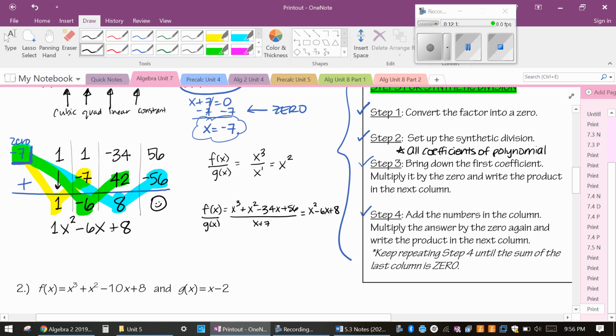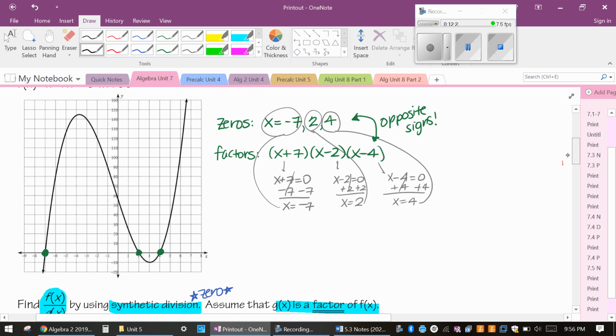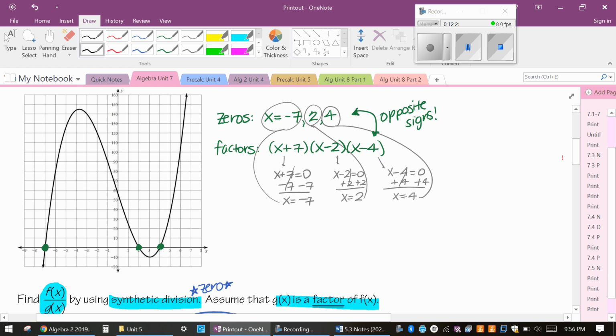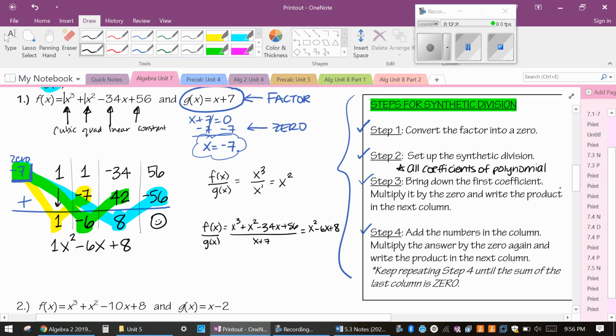However, I do want you guys to know that some of these quadratics can be factored, and in an upcoming lesson, we're going to solve them to find the rest of the zeros, because remember, look back at the graph. This cubic had 3 zeros: -7, +2, and +4. So besides the -7, there's two other zeros.